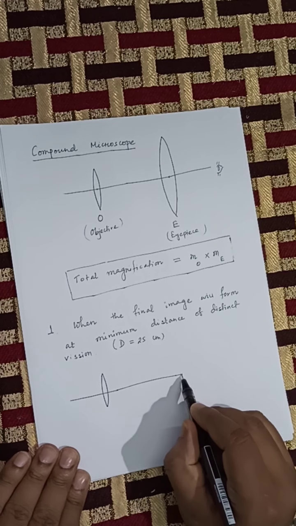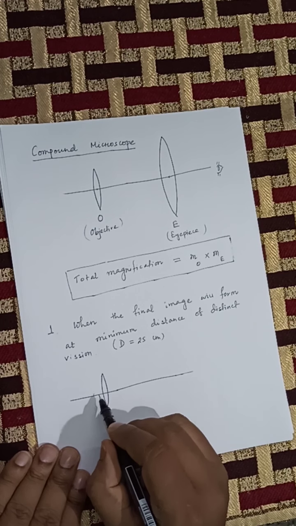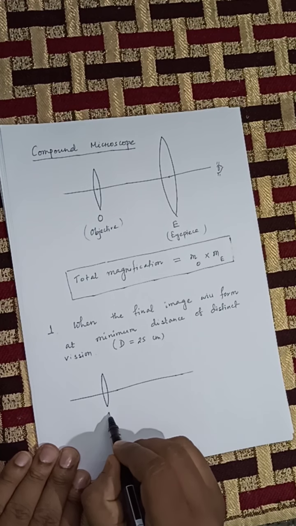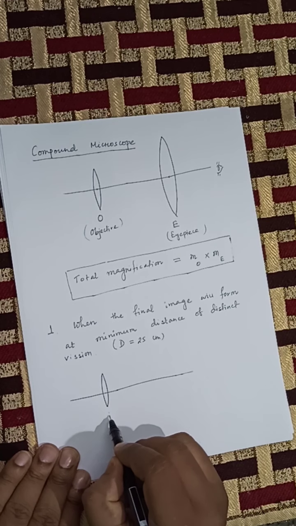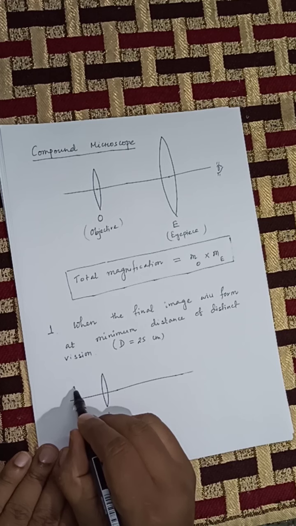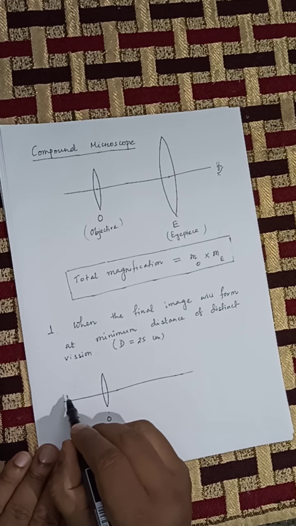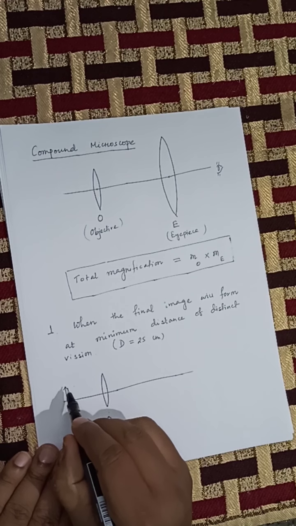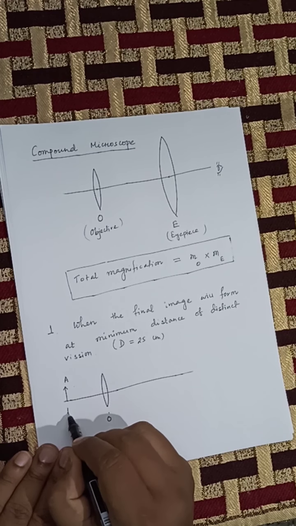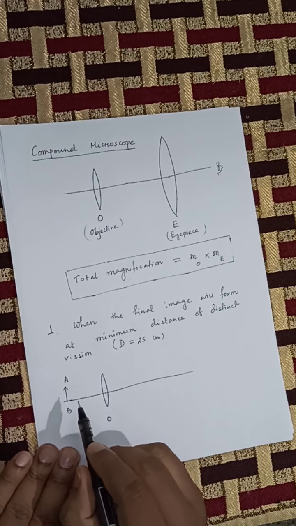Fine. Now the object is placed in front of the objective lens. So here we have considered one object. Suppose it is AB. Okay.